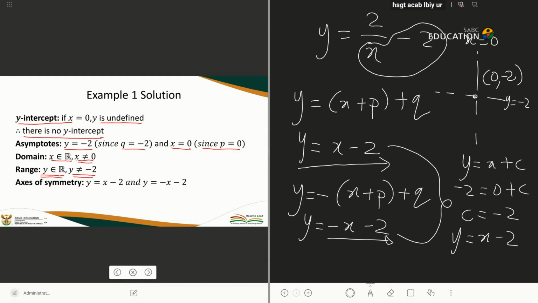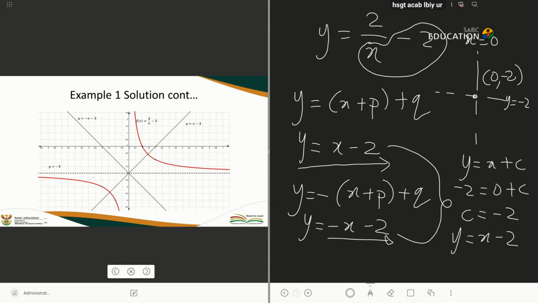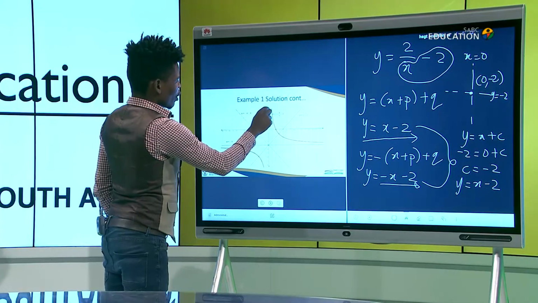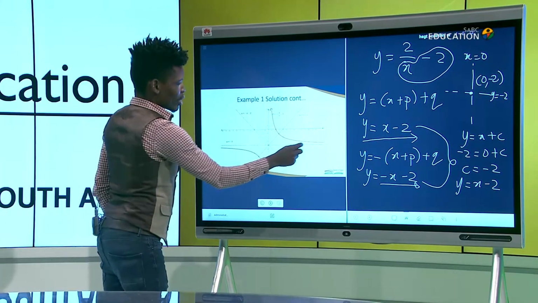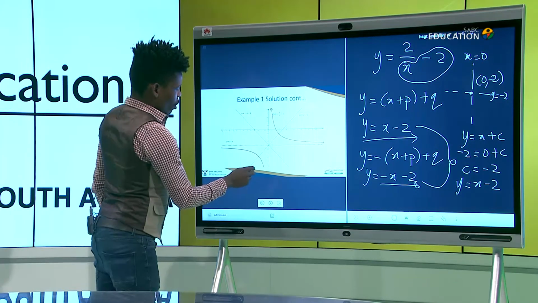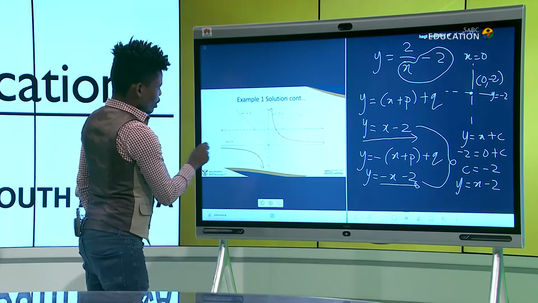Okay, so there we have all the things that we need in order for us to plot this graph. Now we can sketch the graph and see what it looks like. So there is our graph. I just need to add arrows there. They are not there because of the limitation of the software that we use to do this.